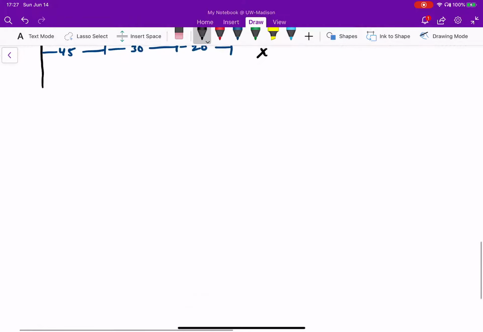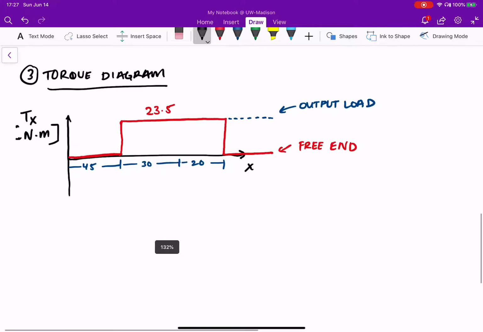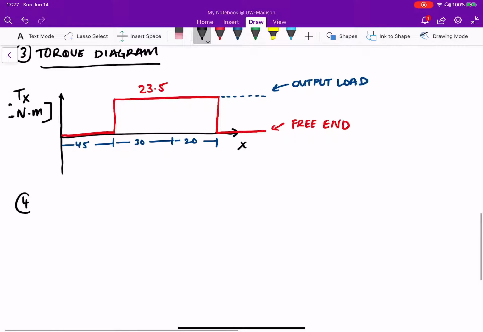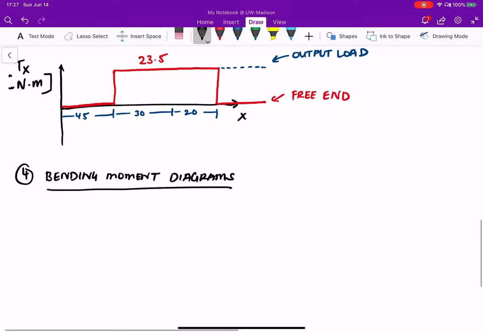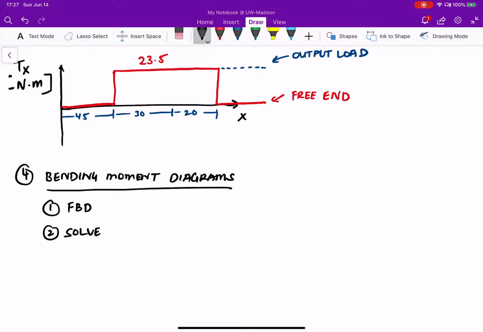So the first thing we need to do, again, there's a process to drawing these diagrams, right? So we need the bending moment diagrams. The process usually is first draw the free body diagram, then solve for unknown forces. In this case, we have some bearings.